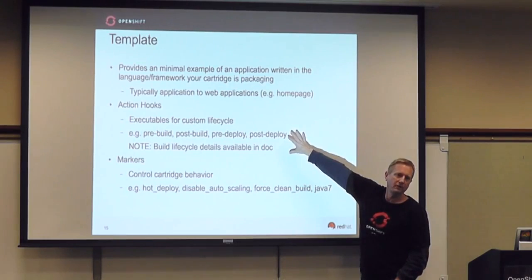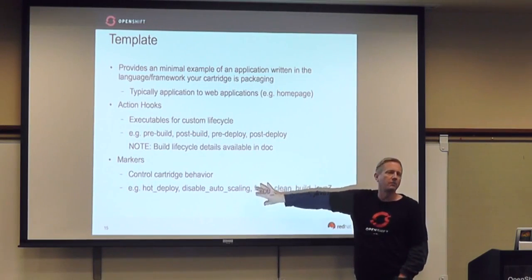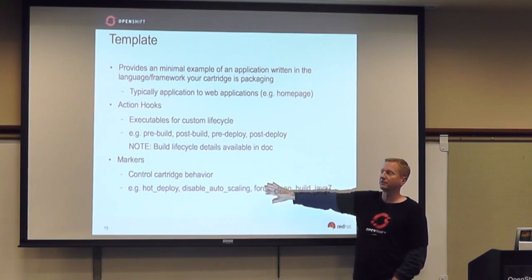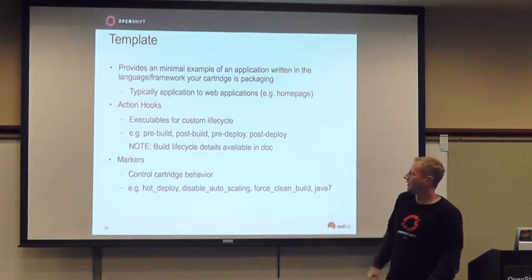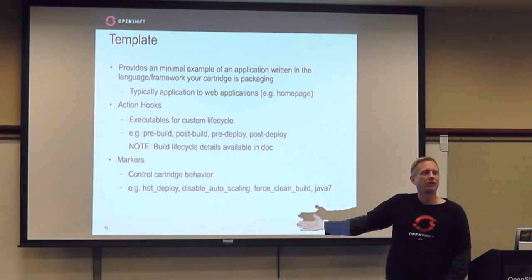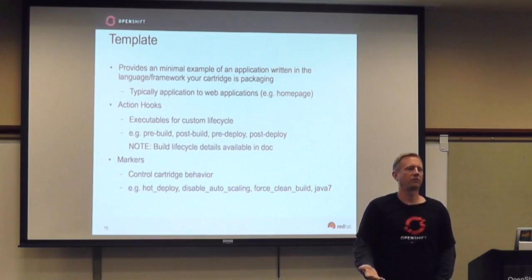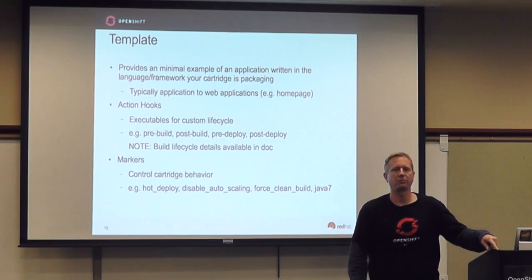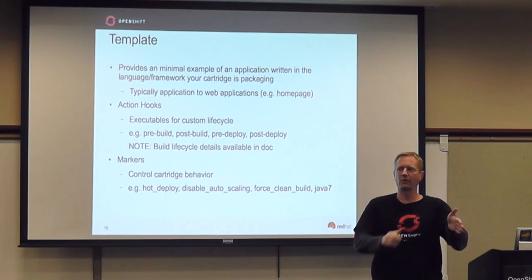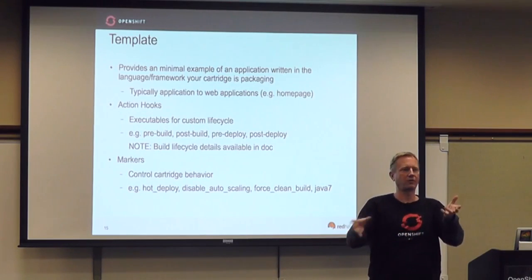This is where you create those scripts. Ditto for markers. Remember, we got rid of the Java 6 marker to make it run in Java 7, or got rid of the Java 7 marker to let it run in Java 6. Hot deploy is another perfect example. I want to say, hey, JBoss supports hot deploy, so every time somebody does a git push, I don't want to stop it. I just want to do a build and deploy, because start and stop takes time.